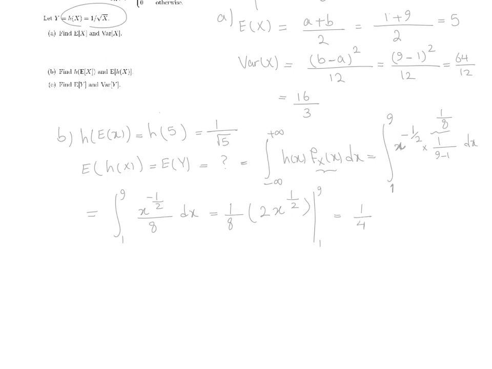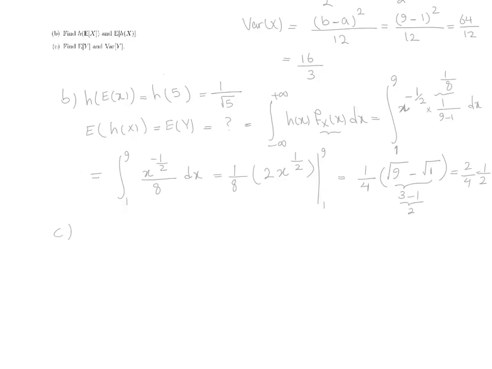So it's 1 over 4 times, we can put 9, radical 9 minus radical 1, that is 3 minus 1, and it's equal to 2 over 4, or half.